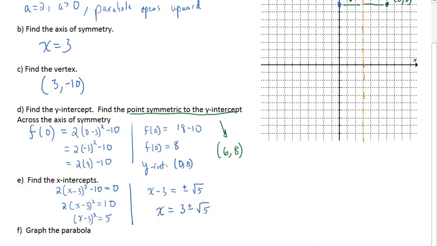Now, if you have a calculator handy, you can approximate these values. 3 minus the square root of 5 is approximately 0.76. And 3 plus the square root of 5 is 5.24.